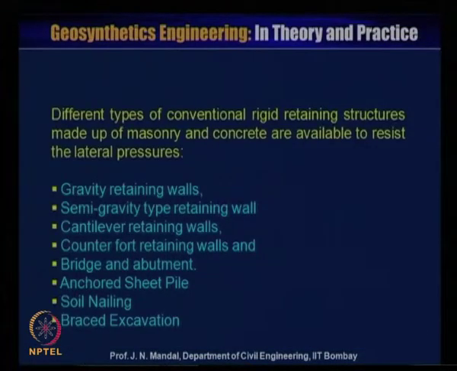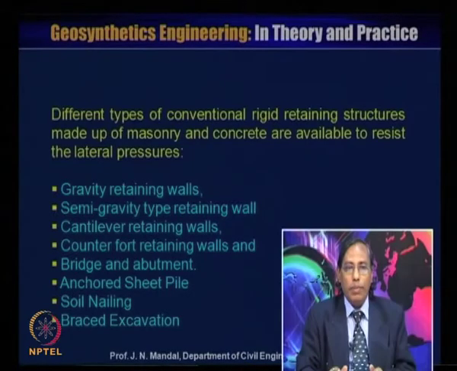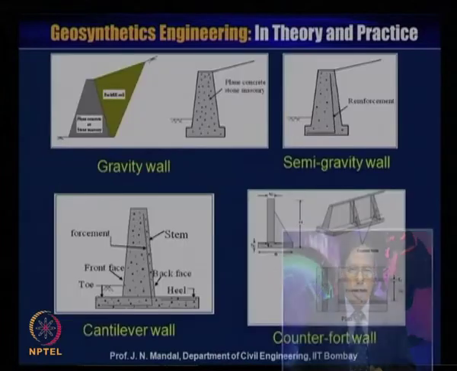So, different types of conventional rigid retaining structures made of masonry and concrete are available to resist the lateral pressure. You know, gravity retaining wall, semi-gravity type retaining wall, cantilever retaining wall, counterfort retaining wall and bridge abutment, anchorage, sheet pile, soil nailing and braced excavation.